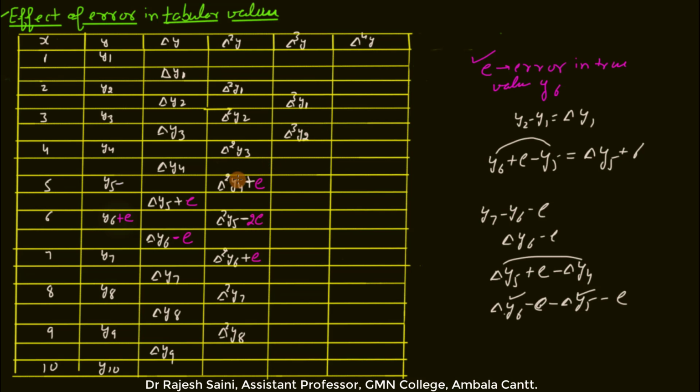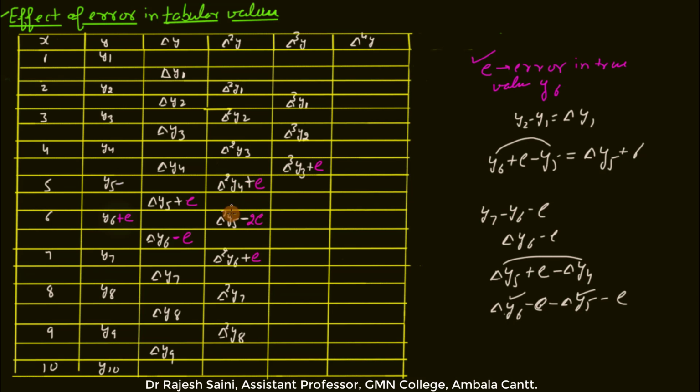And this will be delta square y4 plus e minus delta square y3, so the plus e will remain the same. This will be delta cube y3 plus e. Now similarly, the difference minus 2e minus e will be minus 3e.